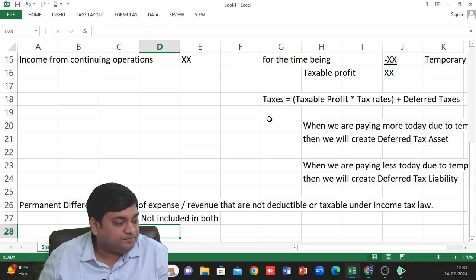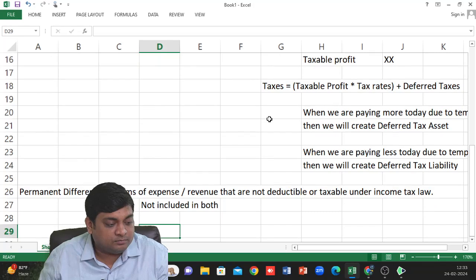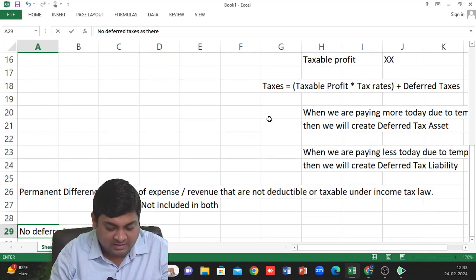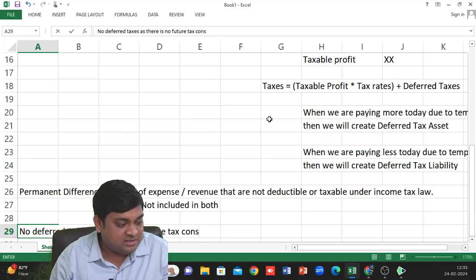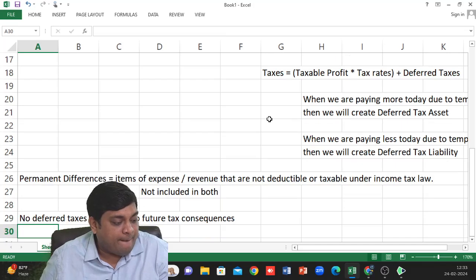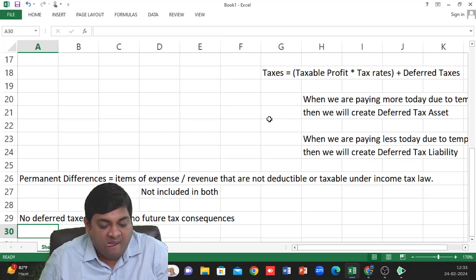Right? No deferred taxes as there is no future tax consequences.